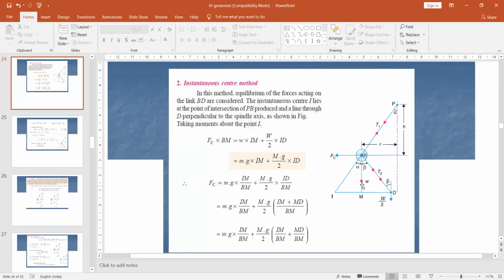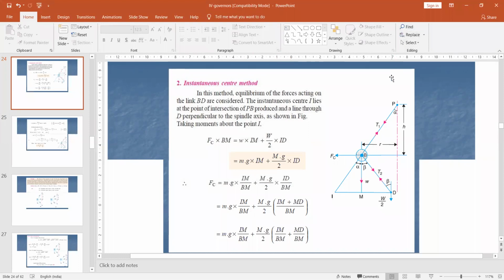Small w with perpendicular distance IM, and capital W by 2 into ID, both rotate in the clockwise direction, while Fc is anti-clockwise. That's why Fc is written on the left side and the other two forces on the other side.